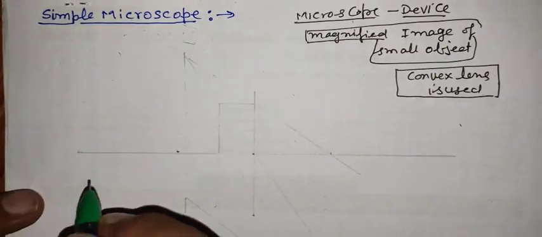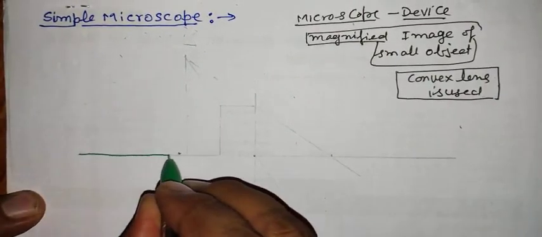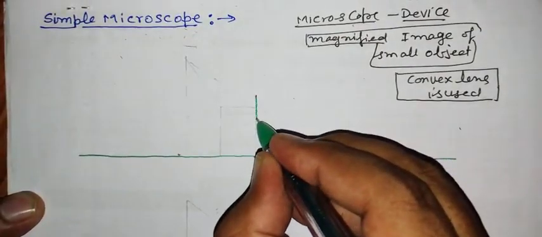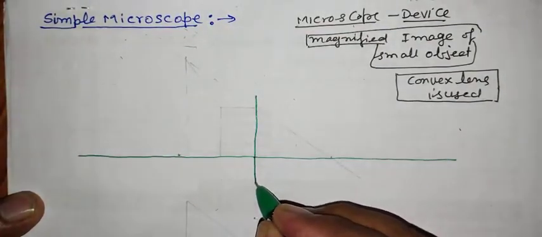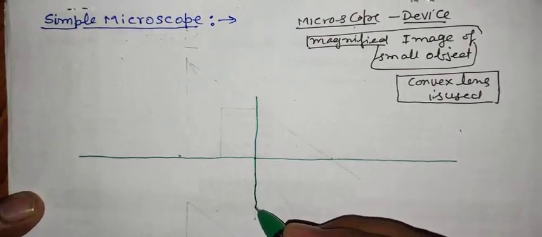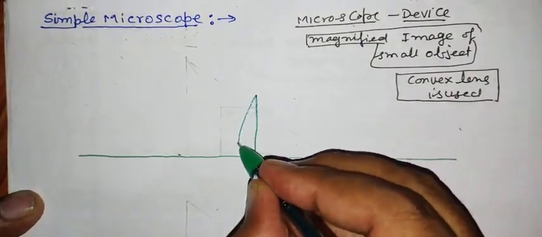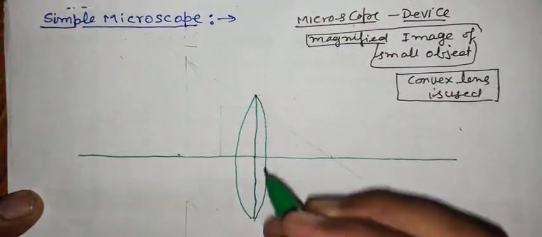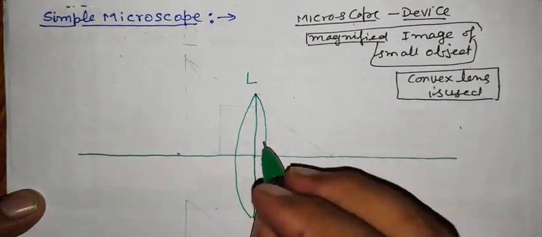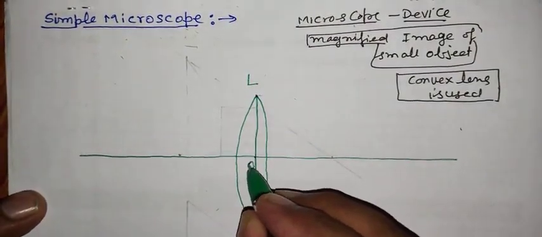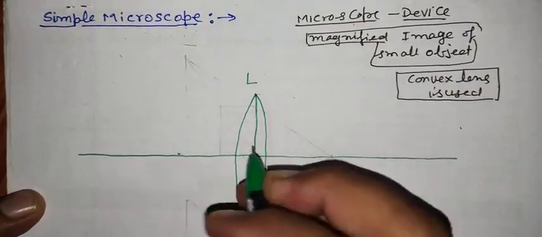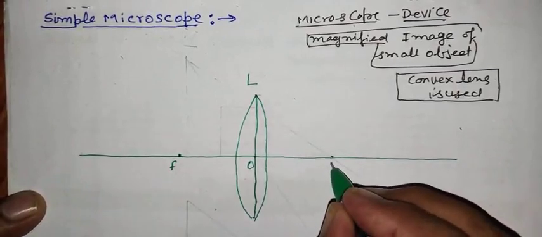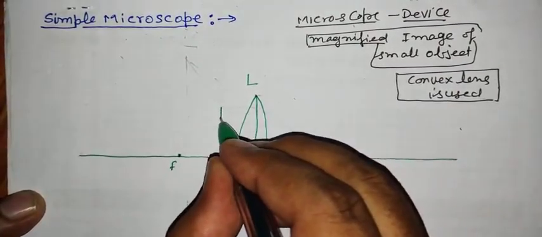To show this, first of all, consider a line in which there is a convex lens here in the picture, L. The optical center O is here. Let the focal points be F and F, and a small object is placed here.